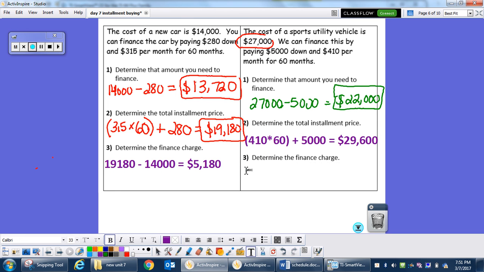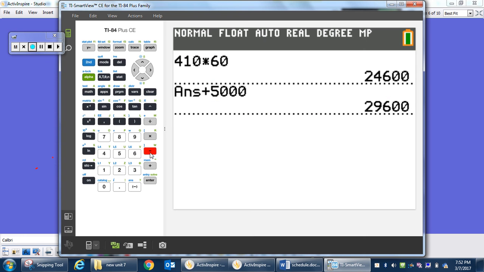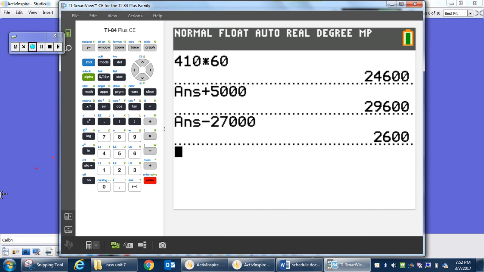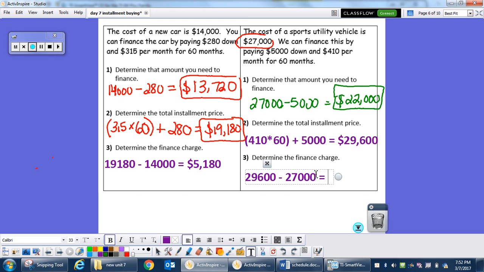Okay, so now I want to figure out how much of that amount is just fees for borrowing money. So you take that total minus the actual price of the car, and you can see that you get $2,600 in fees.